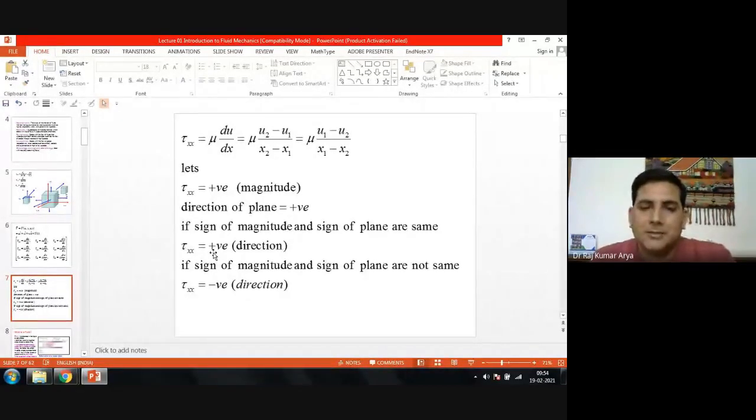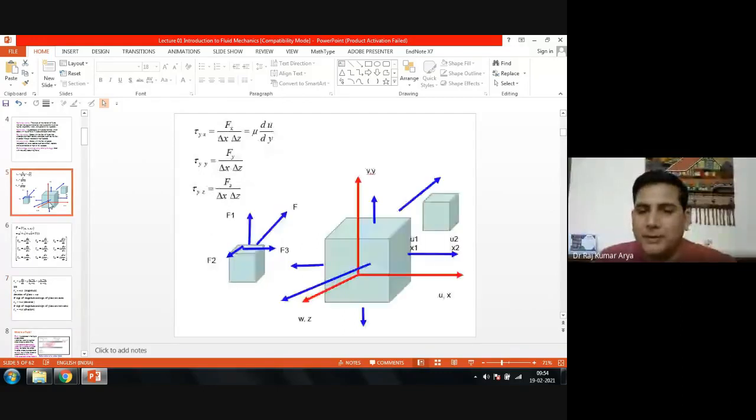Is that fine? So that makes sense in that particular way. Therefore, you can define these components in that way, and that is how to define this one here.